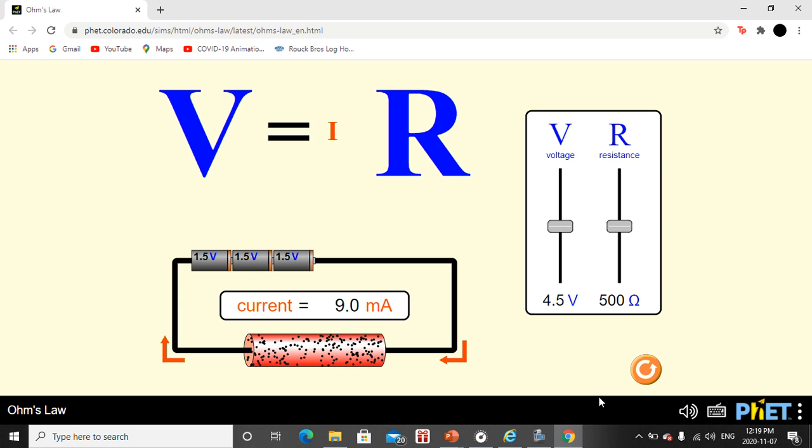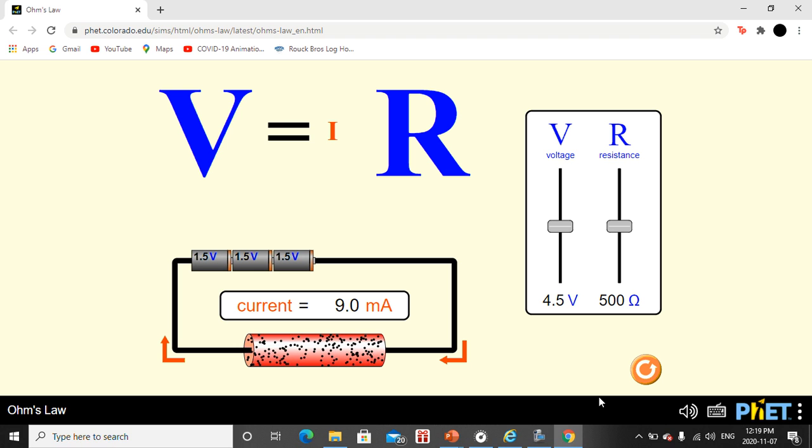So it's showing a really, really big V here, a really, really big R, and a somewhat smaller I. So take a look at those symbols, and by changing the size of them, that's going to indicate, at least qualitatively, the change that we see in the voltage, the current, and the resistance.